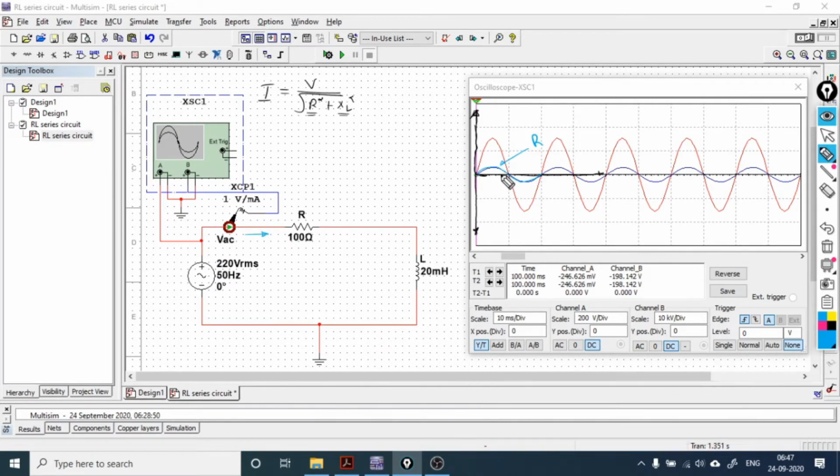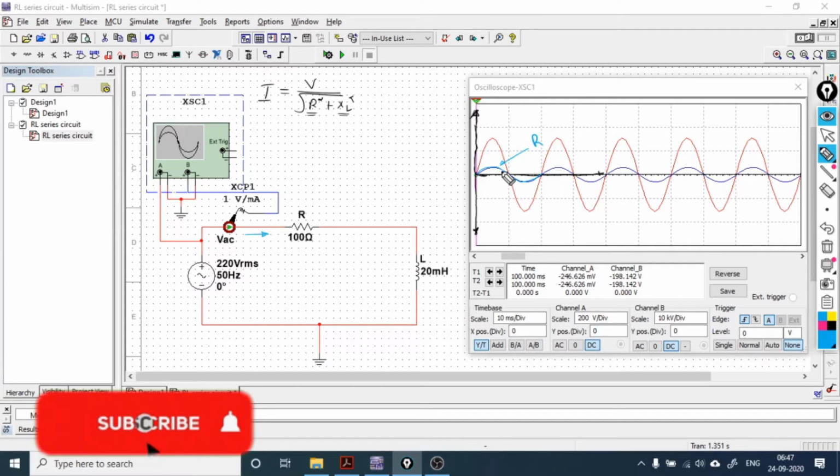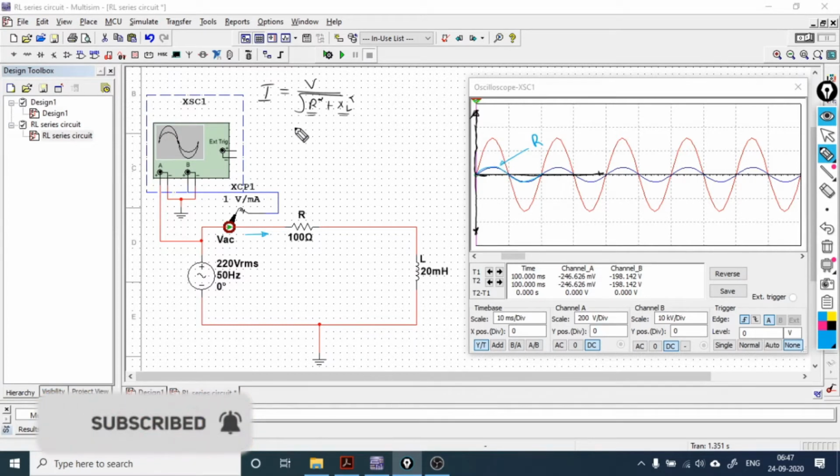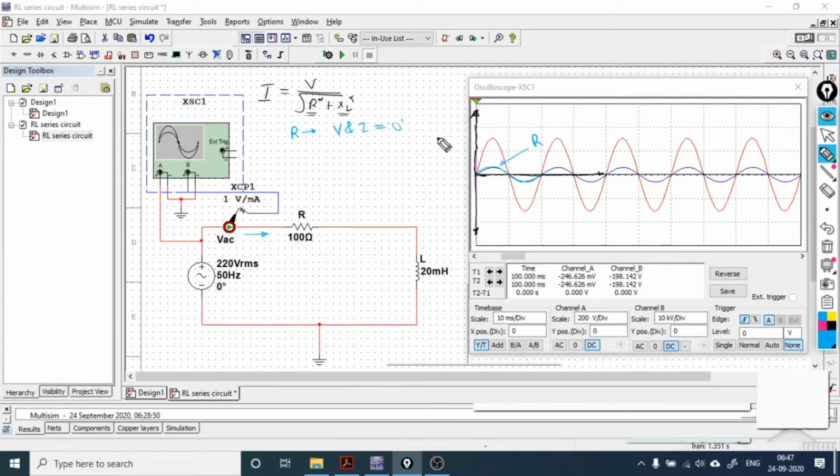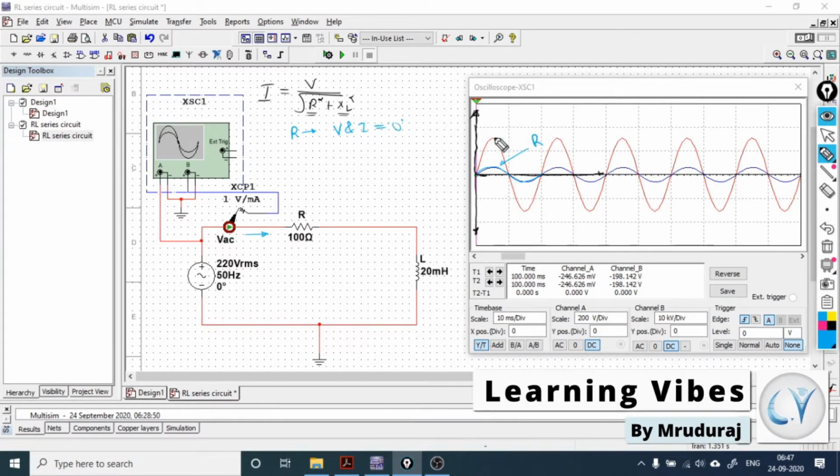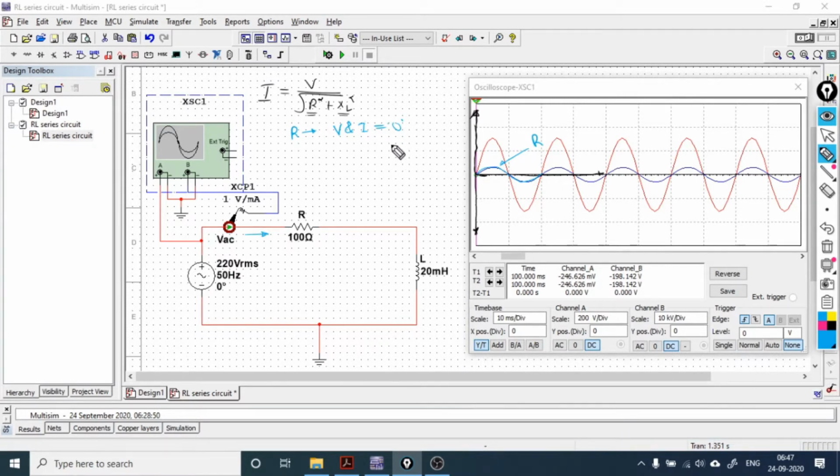So current is in phase with voltage when the circuit is purely resistive. So in R we can write that V and I have 0 degrees phase displacement, right?